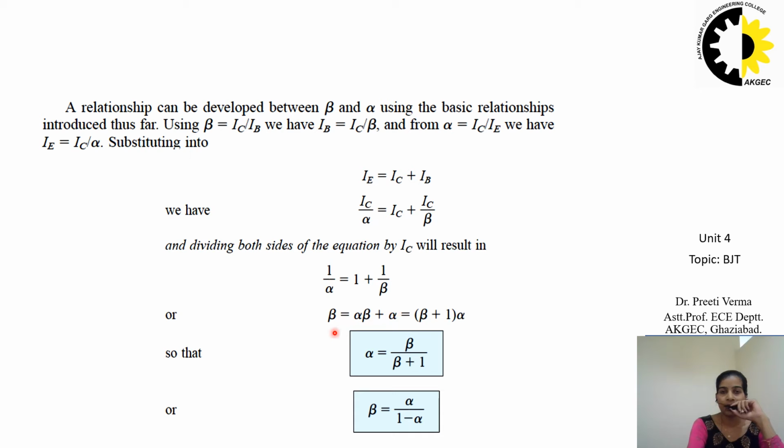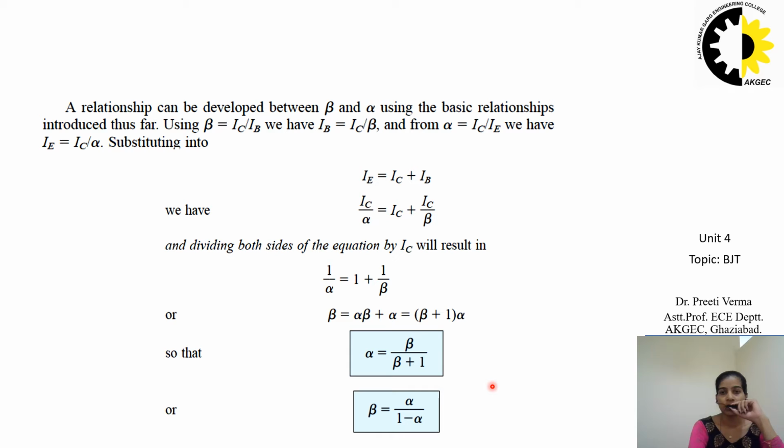Simplifying this, we get beta is equal to alpha multiplied by beta plus alpha. Taking alpha common from these two terms, we get beta is equal to (beta plus 1) multiplied by alpha. So keeping alpha on the left hand side, we get alpha is equal to beta upon beta plus 1. And further we can get beta in terms of alpha as beta is equal to alpha upon 1 minus alpha.